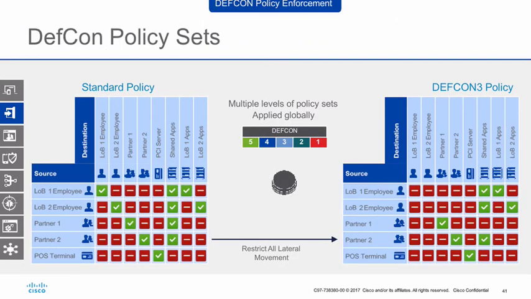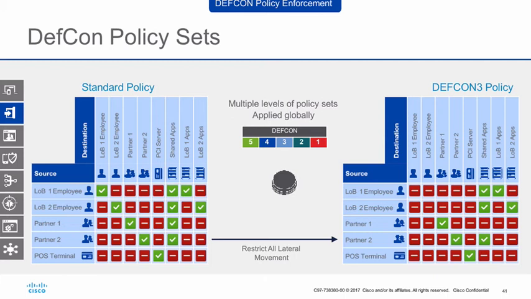I kind of talked about it a little bit, let's say with DEFCON policy sets. Like I said, I've got a standard operating policy where everything's fine. Employees can communicate with each other, and they can get access to various resources in the data center. But in the event that I detect something has gone on, or maybe ransomware is starting to spread, or some other form of malware, I can deploy a more stringent policy set and immediately start locking down the network, restricting all lateral movement.